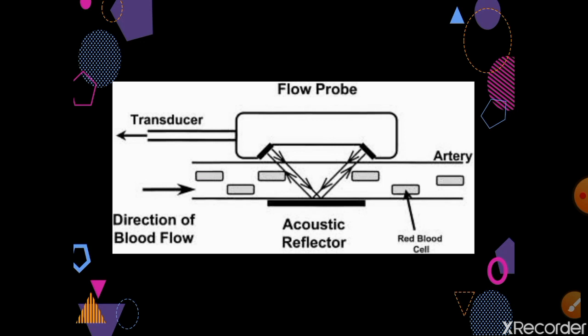This sound is reflected by the red blood cells flowing in the blood. The ultrasound waves reflected back from the RBCs are picked up by the probe. These waves, which are now reflected back, have a lower frequency than the wave which was initially transmitted. This is known as the Doppler effect, and it can help calculate the flow of blood through a blood vessel.